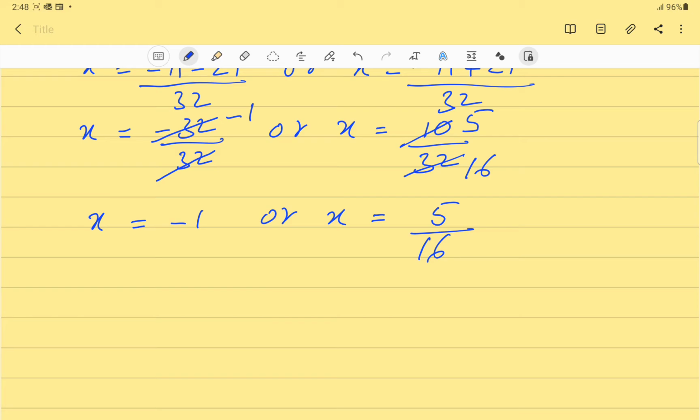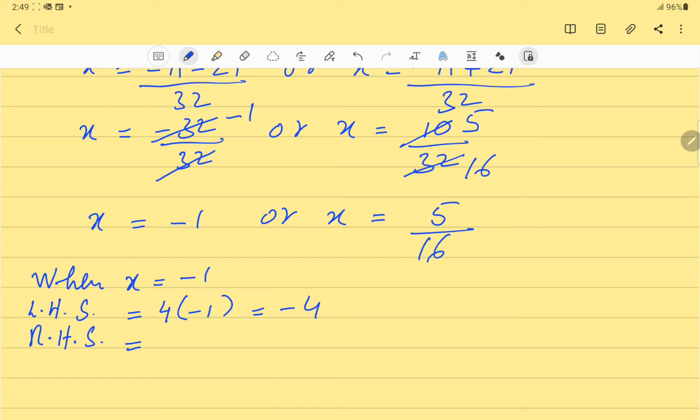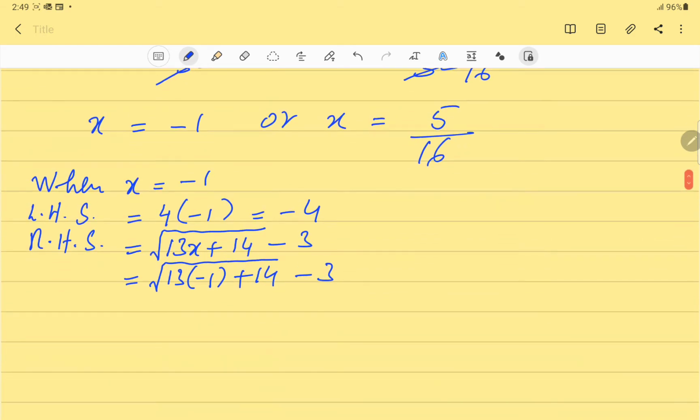Let us check it for minus 1 value first. So when x is equal to minus 1, left hand side is equal to 4 into minus 1, which is minus 4, and right hand side is equal to square root of 13 times the value of x, minus 1, plus 14, minus 3, which is equal to square root of minus 13 plus 14, minus 3, which is square root of 1 minus 3.